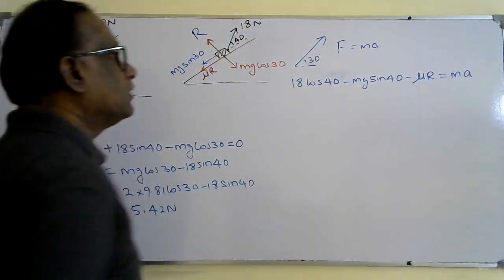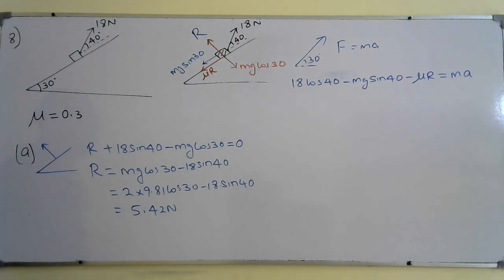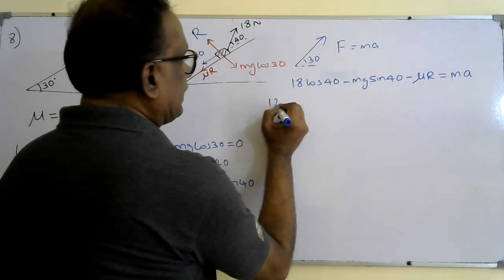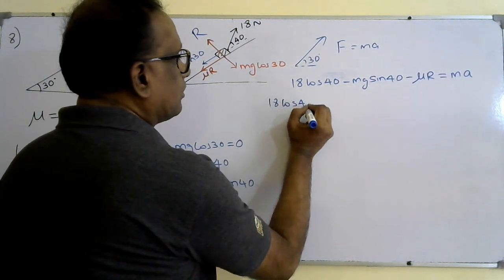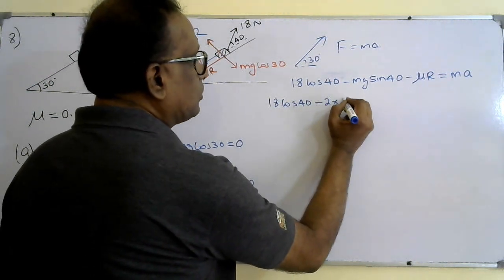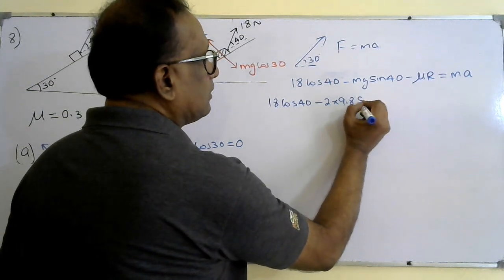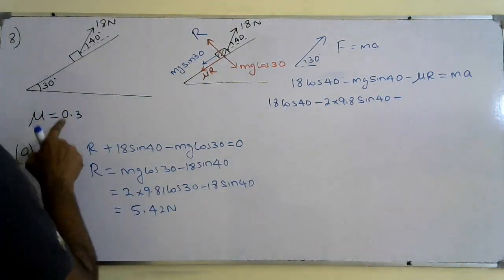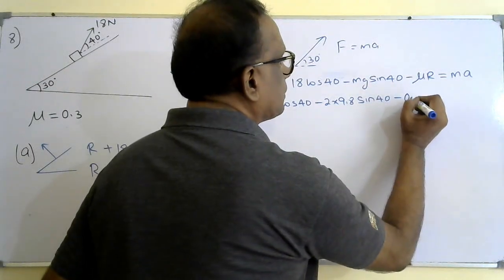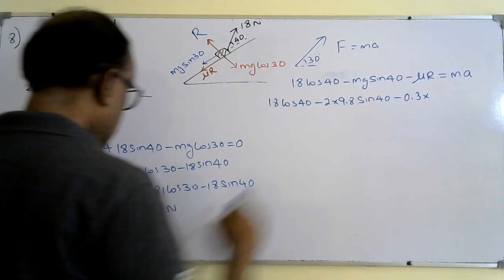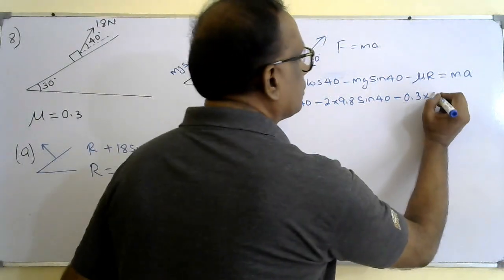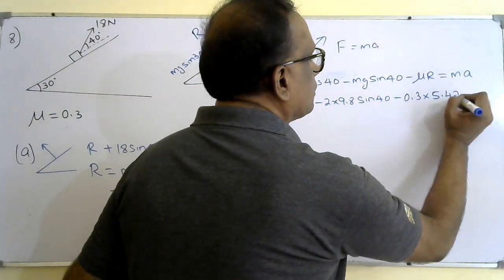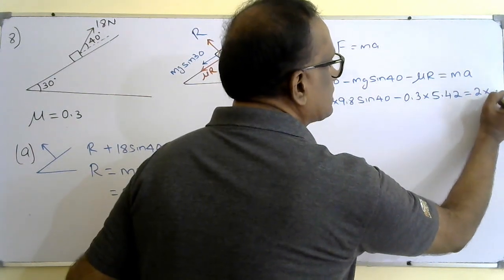We'll substitute m as 2. We have to find the acceleration. So that's going to be 18 cos 40 minus 2 into 9.8 sin 40 minus mu, which is given 0.3, times R, we found it 5.42, equal to m, which is 2, times a.